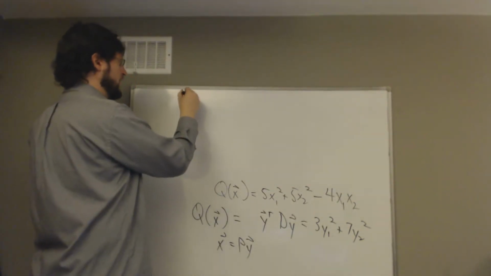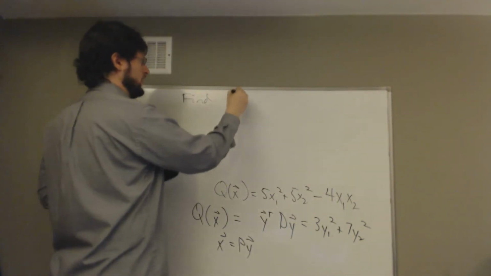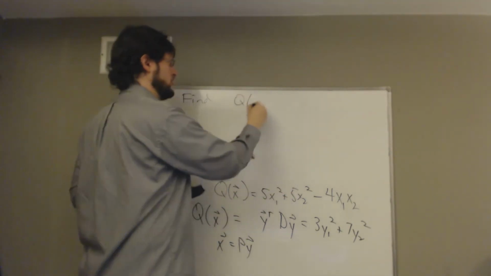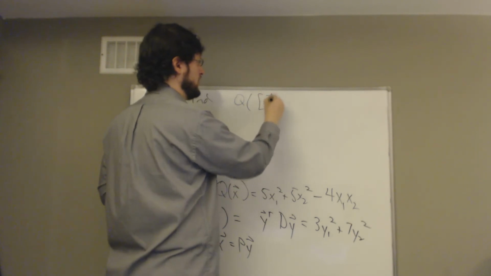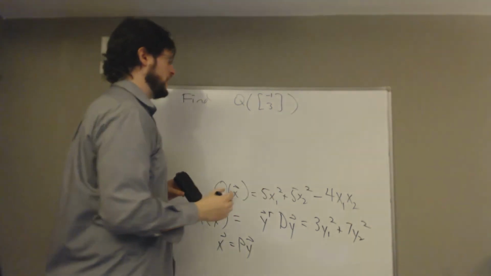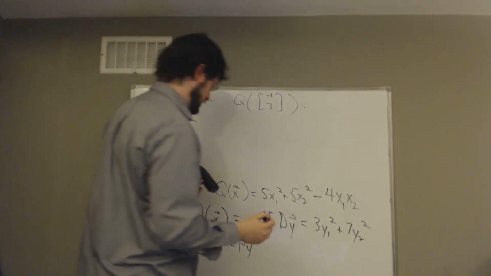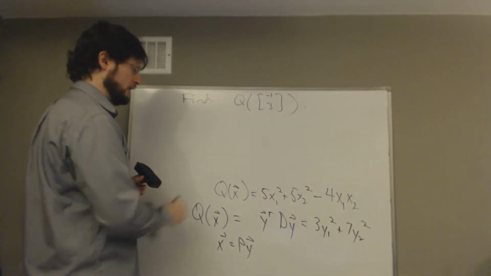All right, so let's find Q at the vector (minus 1, 3). Let's find it two ways.